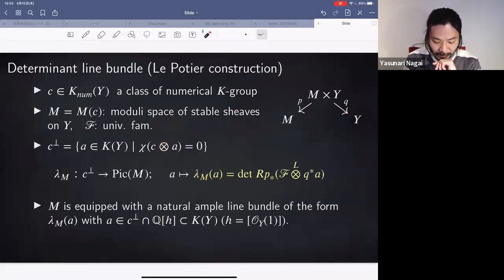Then the Le Potier map is this thing, lambda_M.